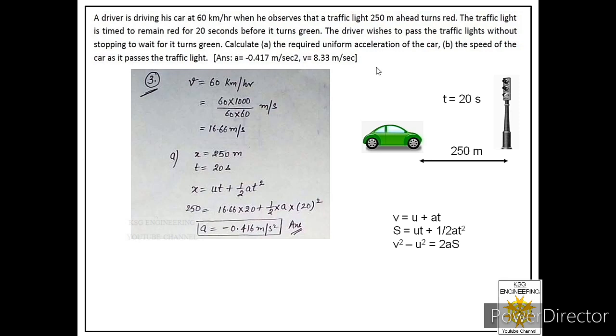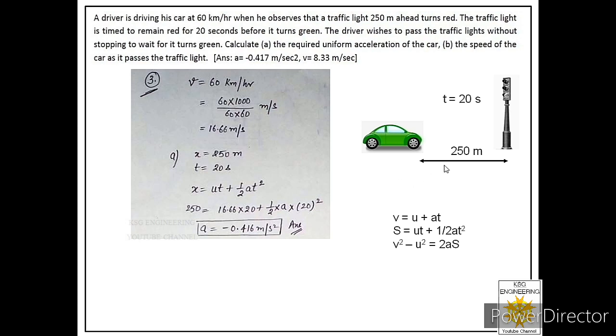Now we have to find the B part. Let us see what we have to calculate in the B part. We have to calculate the speed of the car as it passes the traffic light. Okay, it means we have to find the final velocity. So what is the situation now in the B part? In the B part, we have the initial velocity of the car, that is 16.66 meter per second.